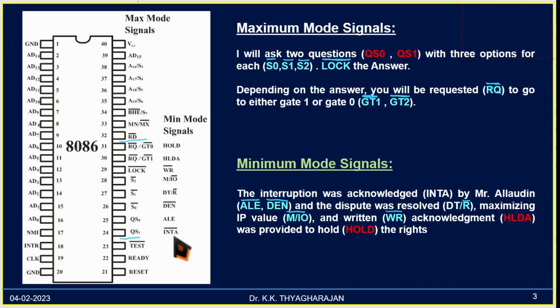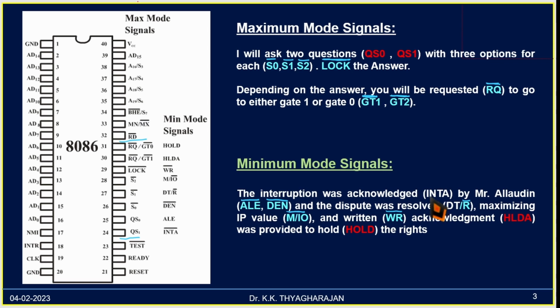To remember the names of these pins, you remember this sentence. The interruption was acknowledged by Mr. Alauddin and the dispute was resolved, maximizing IP value, intellectual property value, and written acknowledgement was provided to hold the rights. So remember this situation and remember the sentence.